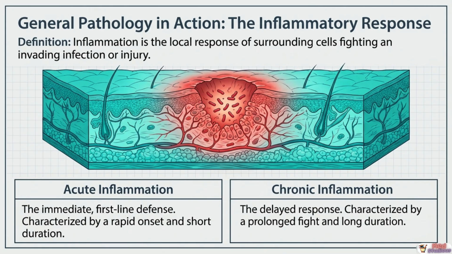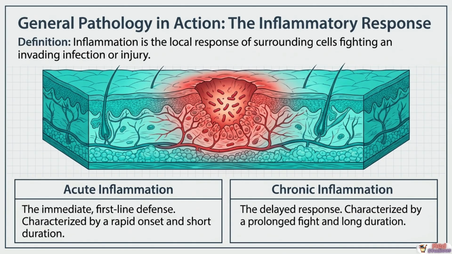Redness, rubor, caused by vasodilation and increased blood flow; heat, calor, from the same vascular response; swelling, tumor, from increased vascular permeability allowing plasma proteins and fluid to leak into tissue; pain, dolor, from chemical mediators stimulating nerve endings; and loss of function, functio laesa, from the combination of swelling, pain, and tissue damage.